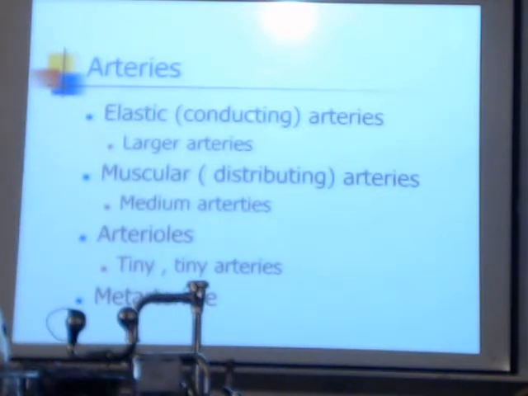So we have really large, elastic arteries, the aorta is large and elastic, and it has to be able to withstand a lot of pressure. Then as we get closer to the hands and feet, that pressure begins to decrease because the arteries and veins also get smaller.